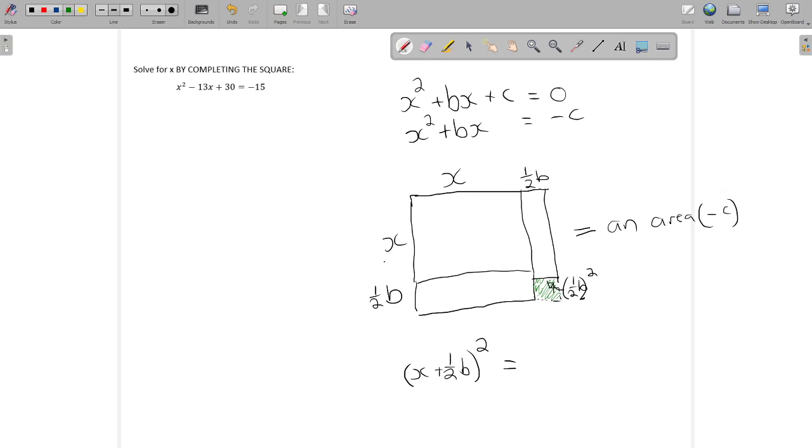So, that should be equal to the same area that we had, minus c, and a tiny little green bit, half b squared.